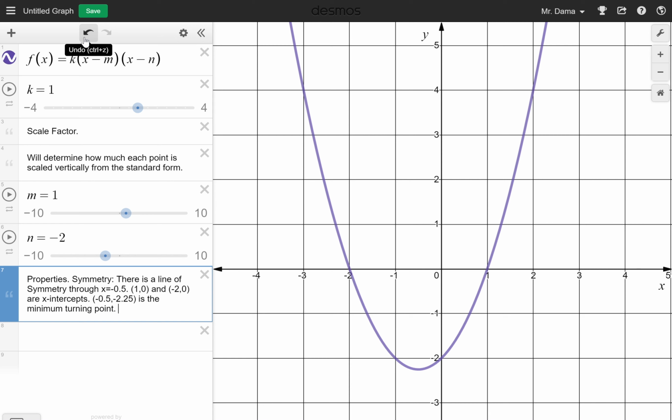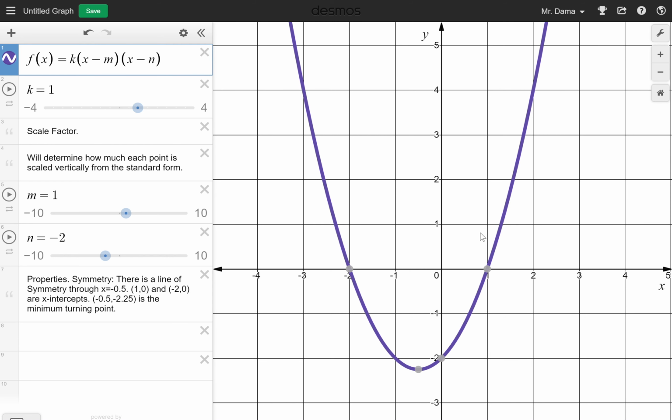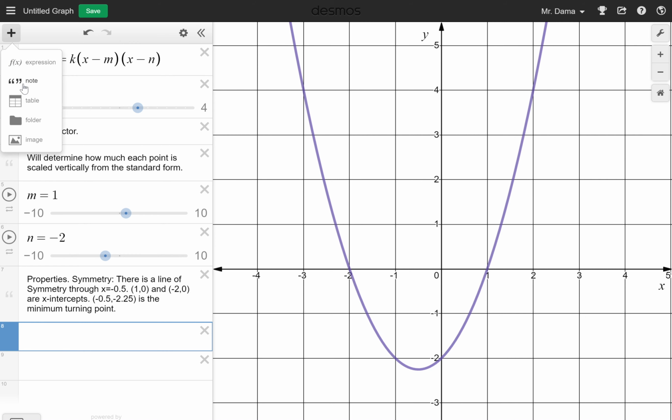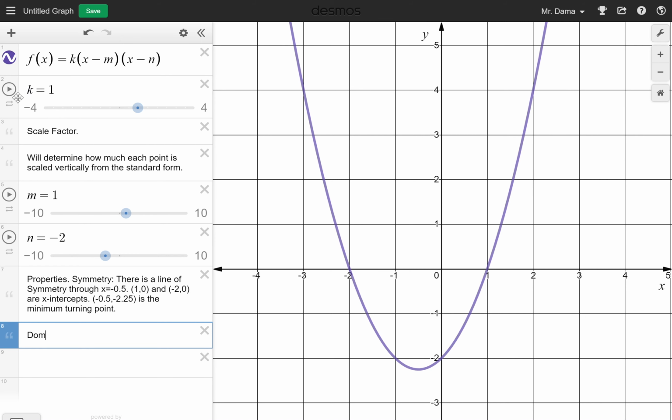I'm going to write the domain separately, up here. The domain: what x values can I use in this function? I would say that everything is in the domain. Domain, all real numbers. What about the range?